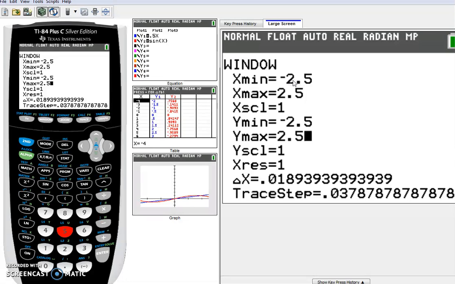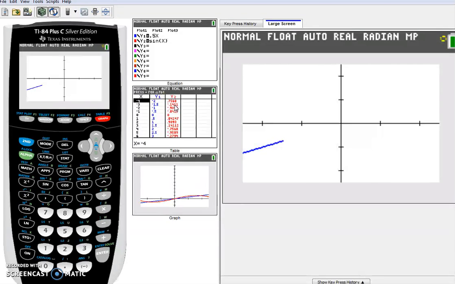I changed my x-min to negative 2.5, my x-max to positive 2.5, y-min to negative 2.5, and the y-max to positive 2.5, just so that I can focus more on the two regions that I want. And there is your graph.